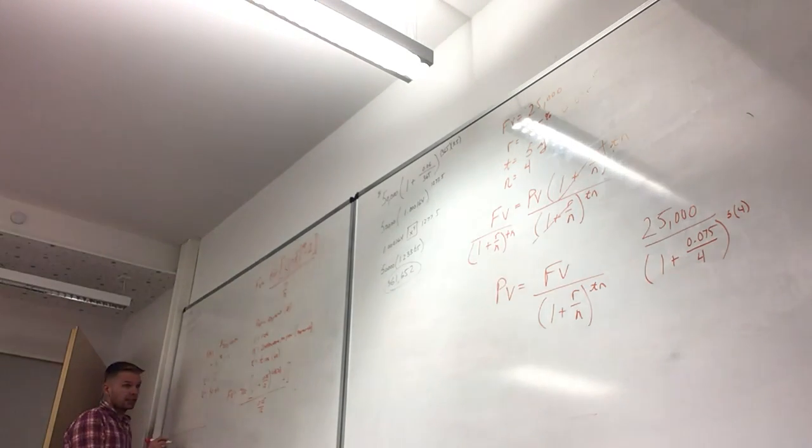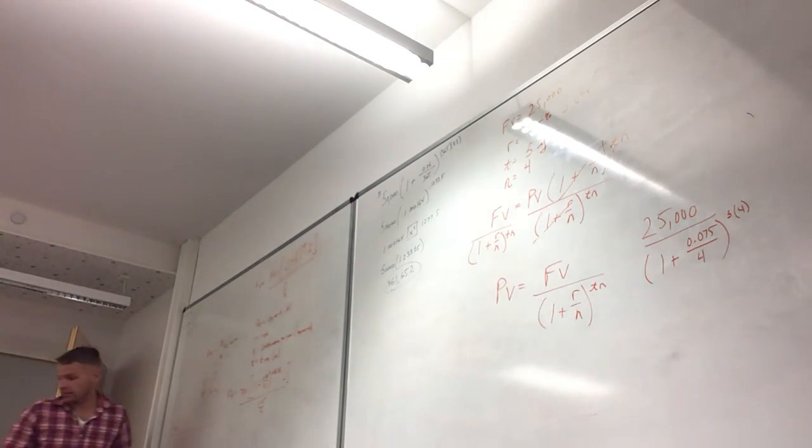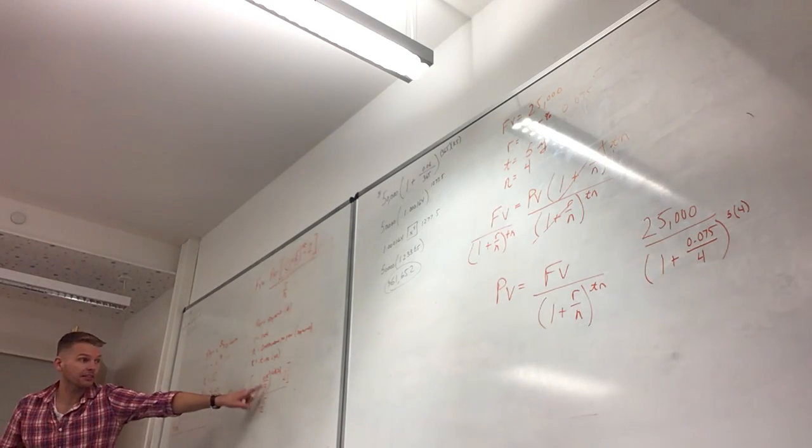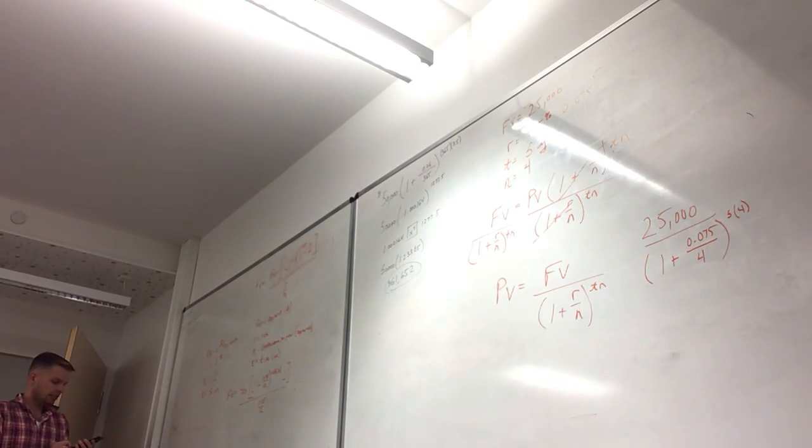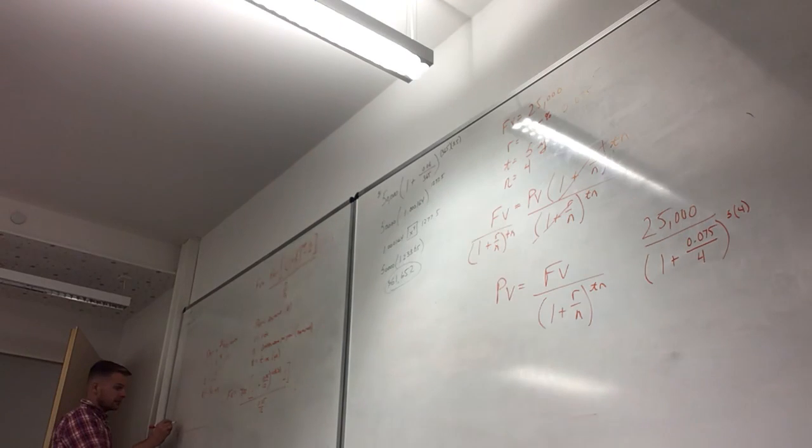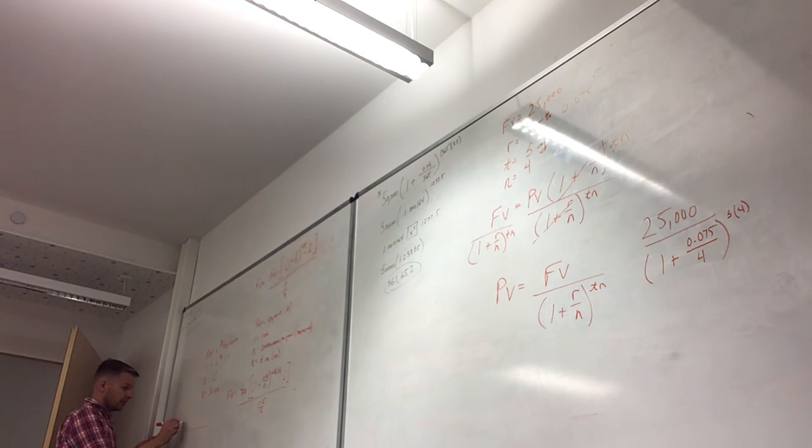Okay, so up first, we just take 400 times, what do you guys get in the parentheses first? We'll do what's in the parentheses and the power. 0.05 divided by 12 plus 1. I got 1.004167. And that is all to the 360 power, 12 times 30.